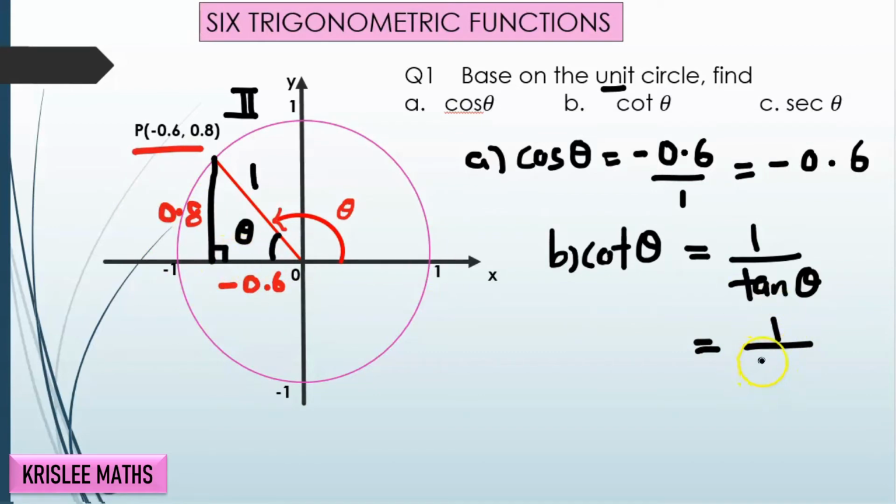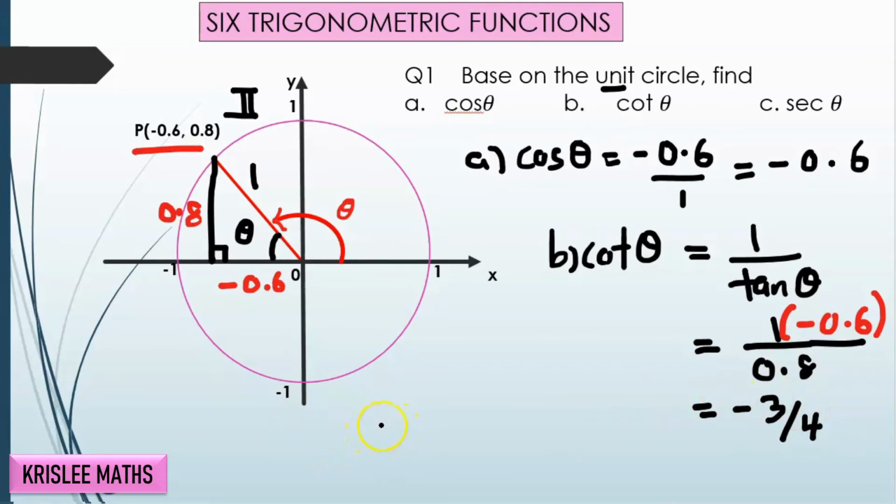Therefore it is 0.8 over negative 0.6. So I'm just going to shift the negative 0.6 up. Simplify this, you will get negative 3 over 4.